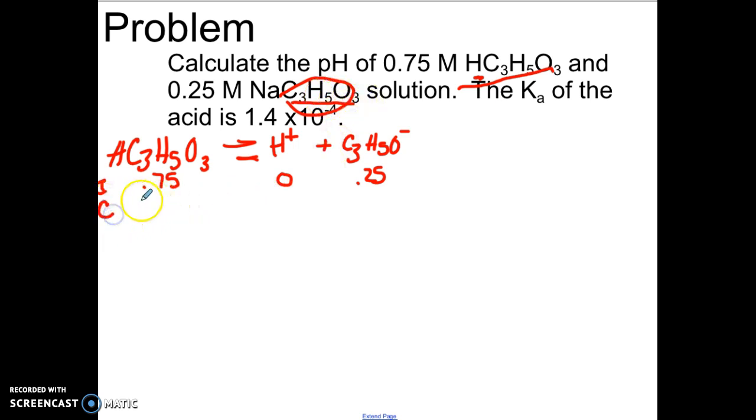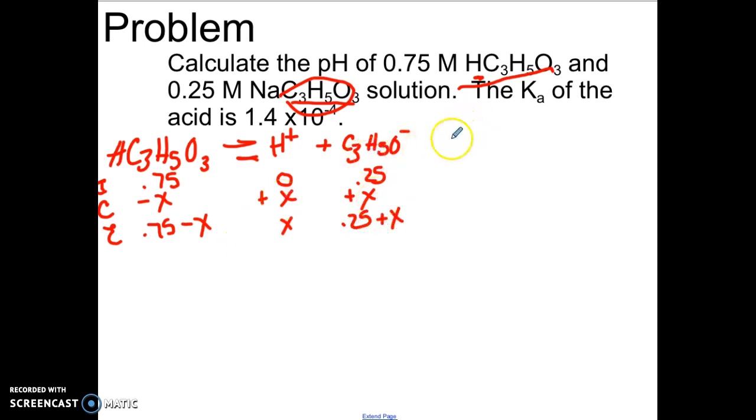The change is that it is going to dissociate, so these become plus X, and the equilibrium line would be 0.75 minus X, this would be X, and this would be 0.25 plus X.